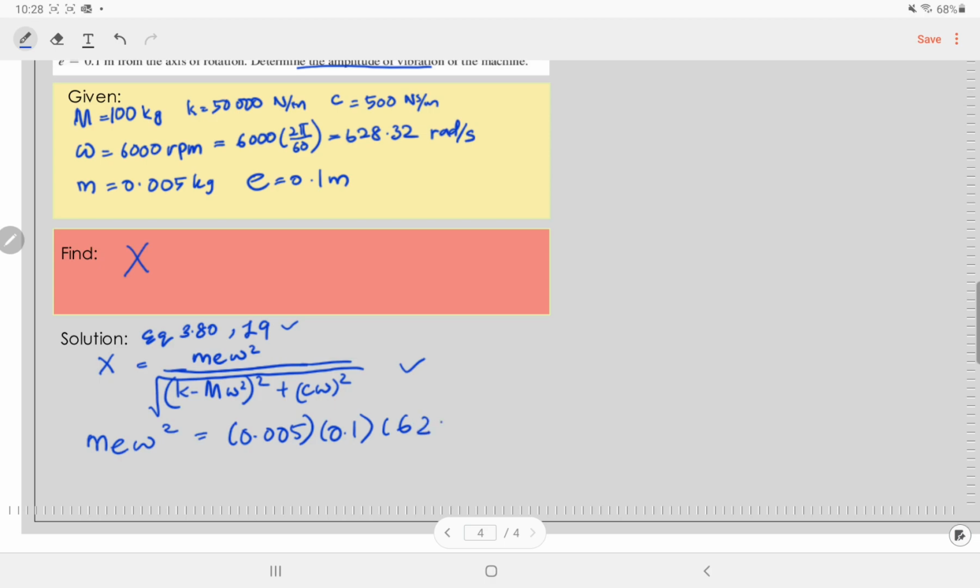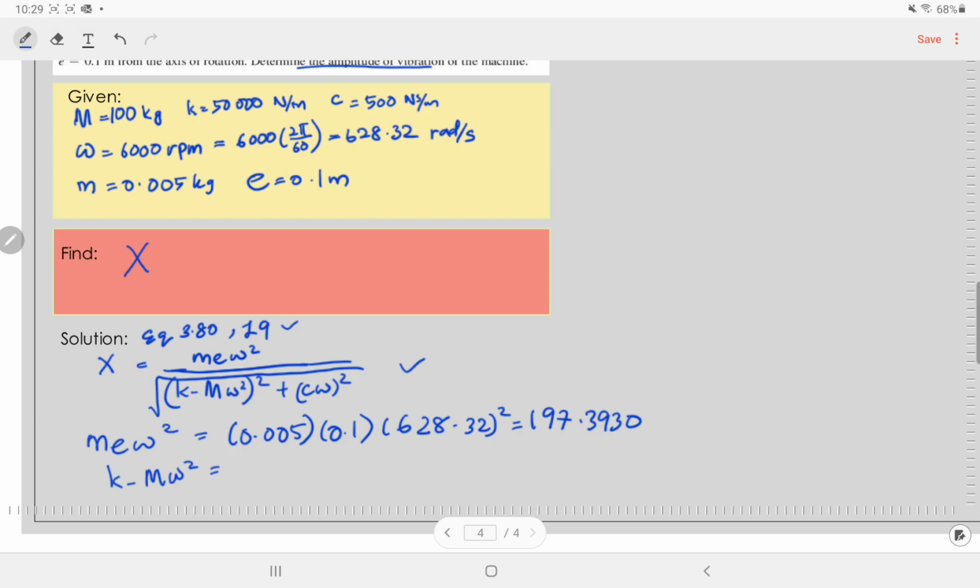Here your omega is 628.32 square. For your me omega square, if you calculate that, you should get 197.3930. Then you calculate the numerator, K minus capital M omega square.